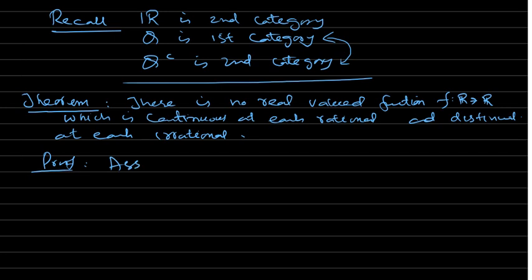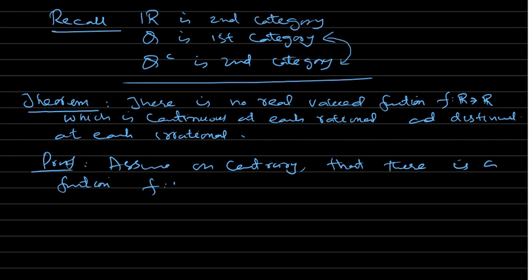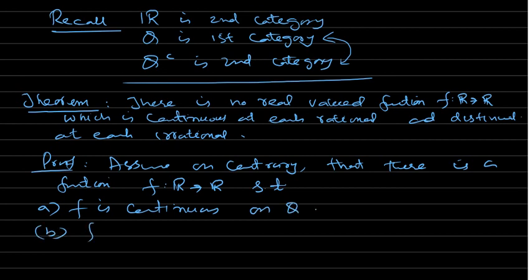Assume on the contrary that there is a function f from R to R such that f is continuous on Q, the set of rational points, and f is discontinuous at each point of Q complement.